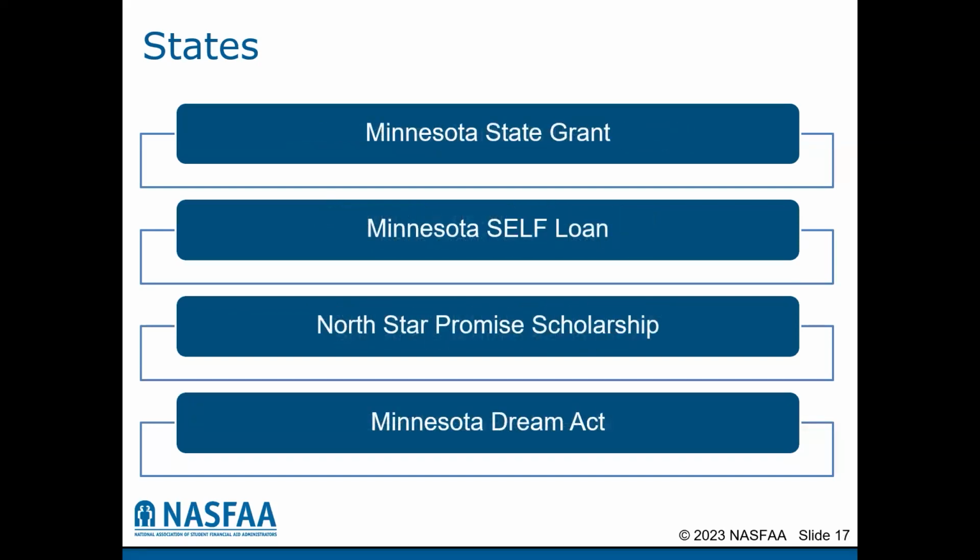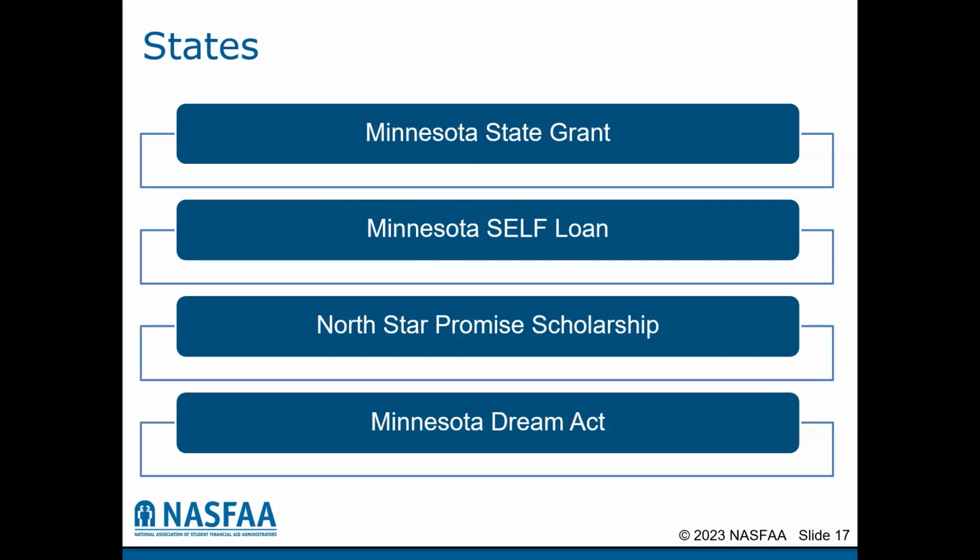Minnesota has 4 primary financial aid programs that we will briefly discuss. The Minnesota State Grant Program is a need-based program that is provided to the student determined by their financial need and also based on their number of enrolled credits.